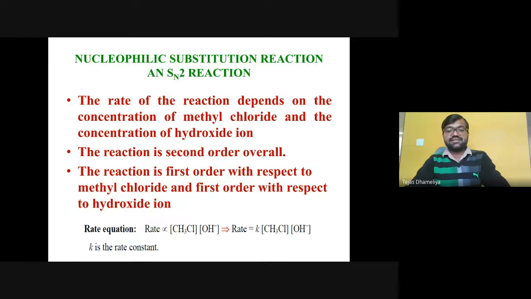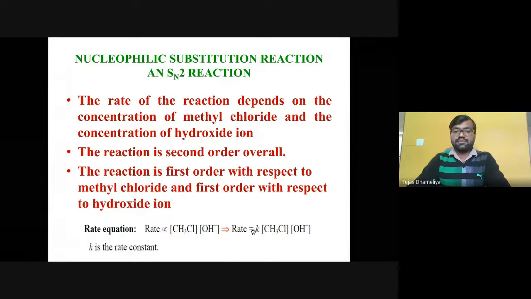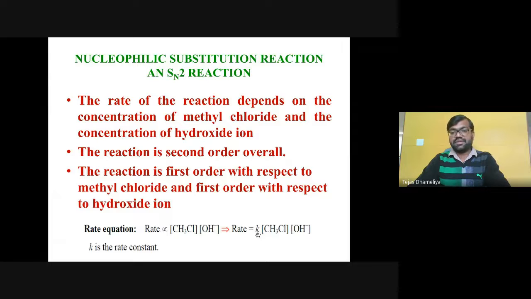So that means rate of the reaction is directly proportional to these two species. And if we want to remove this proportionality, we can put the constant K in both of these species, CH3Cl, OH minus, where K is basically termed as rate constant.